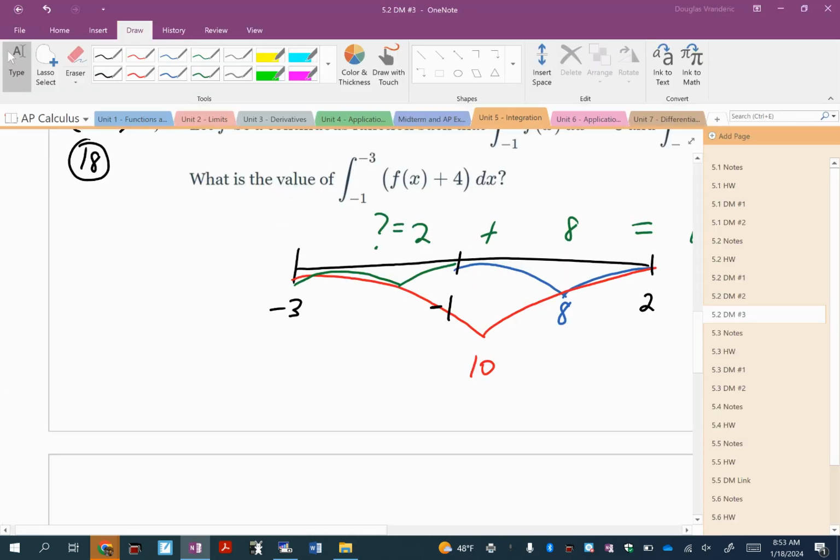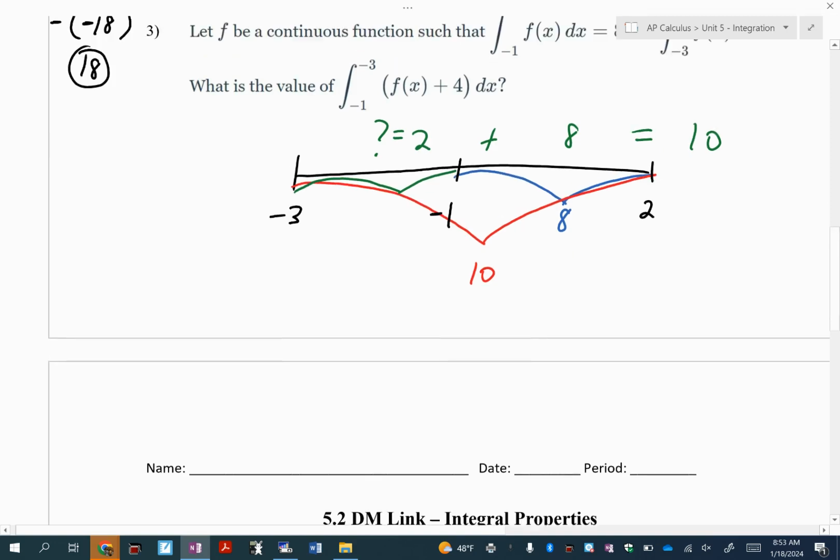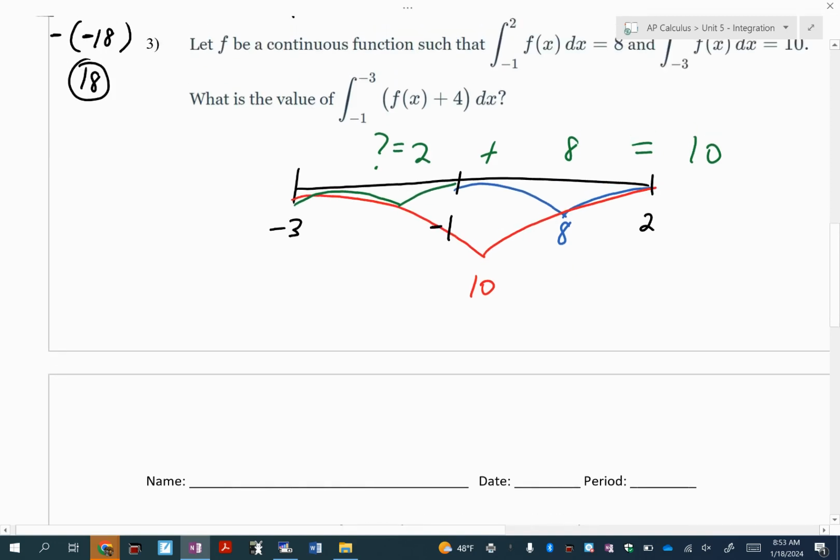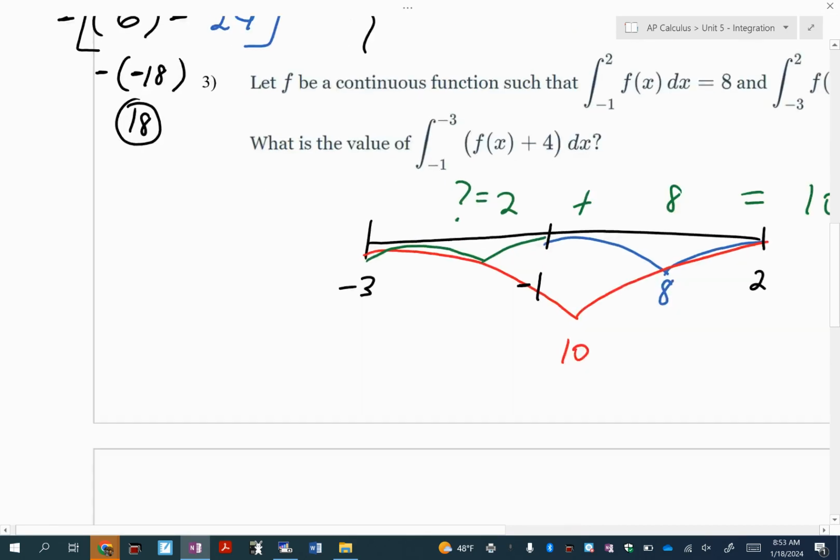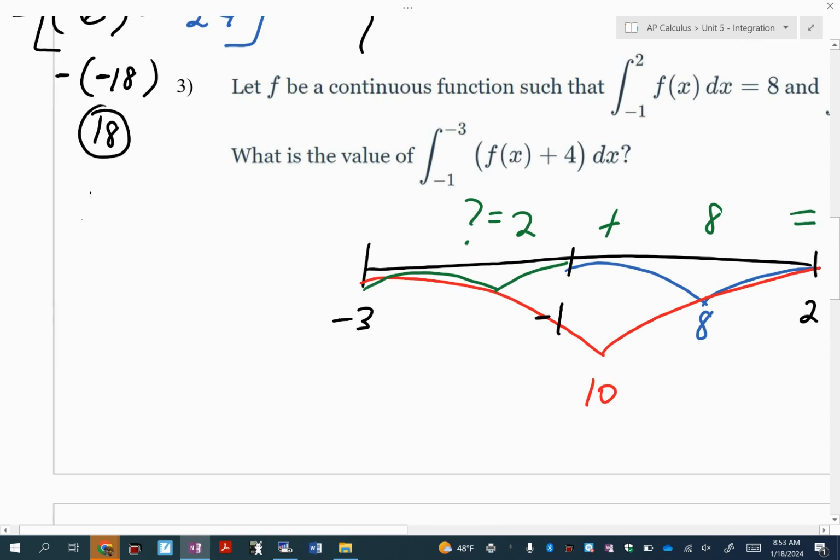Notice, kind of like in number 2, what do you notice about these limits of integration here? They're not least to greatest, right? -3 is actually smaller than -1. So I'm going to do the same thing I did in number 2 and switch this. But remember when you do that, you have to put a negative in front of that integral.